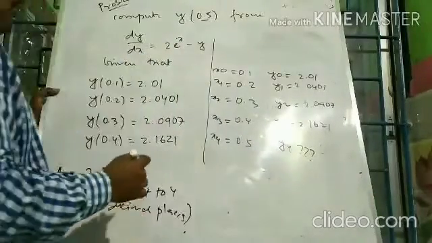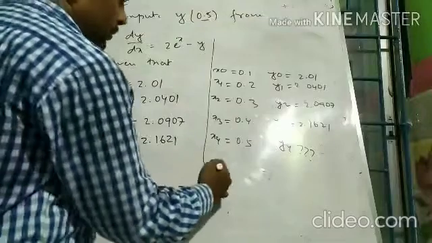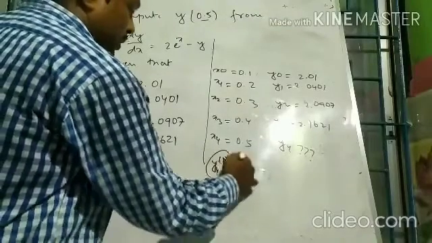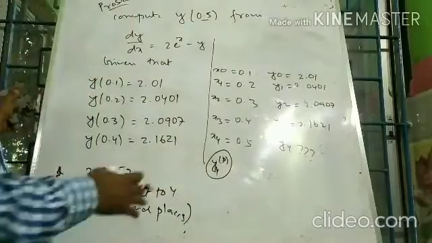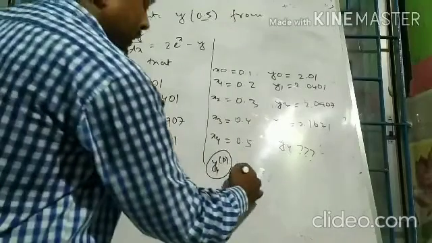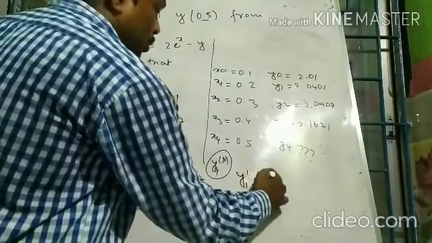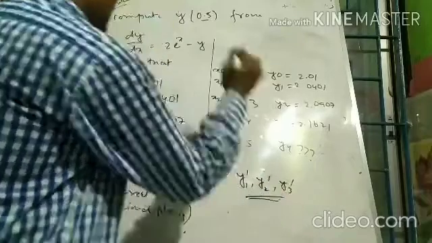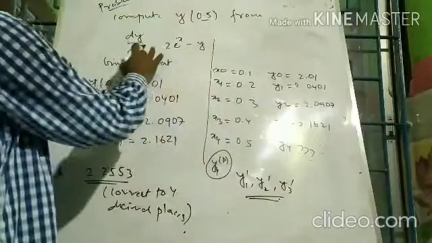So use the predictor formula for finding y4p first. For that purpose, you have to calculate y1 prime, y2 prime, and y3 prime. Now, the differential equation is dy dx is 2 e to the power x minus y.